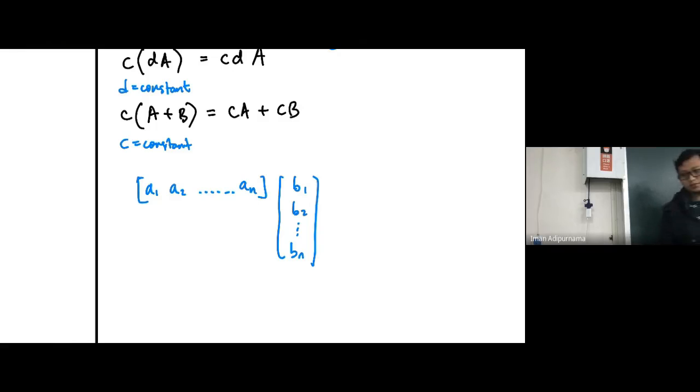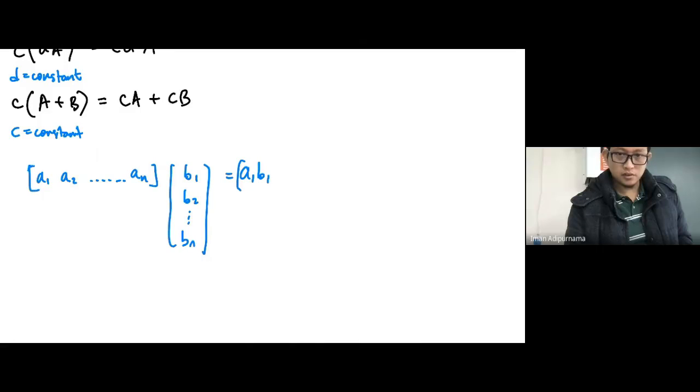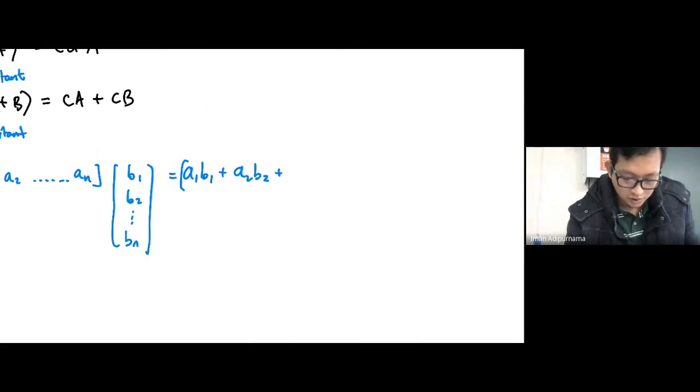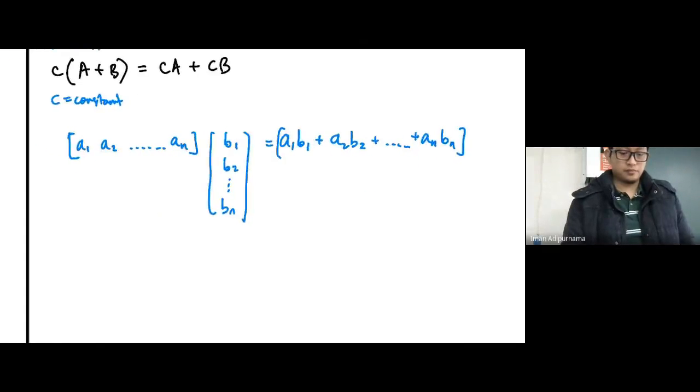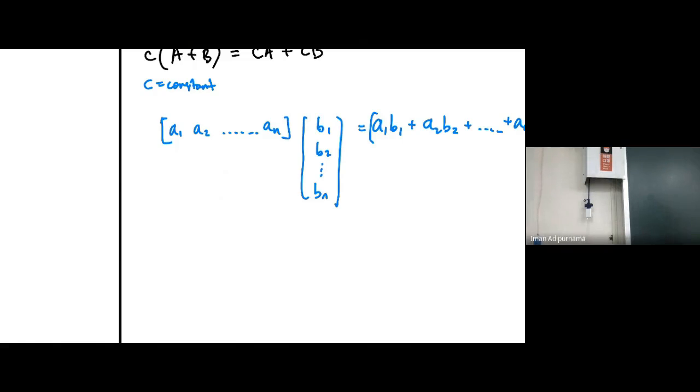So this will be A1 B1 plus A2 B2 plus dot dot dot An Bn. If you have some row and column, what you need to do is make sure that the row and column of the other matrix match.